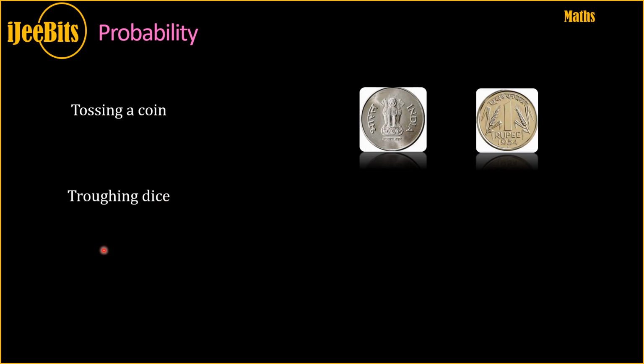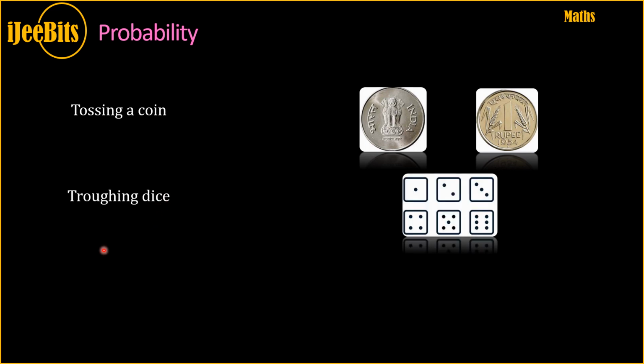Similarly, rolling a dice, throwing a dice. A dice is a kind of cube. We have six faces, and you number each facet like one, two, three, four, five, six. Now, when we roll the die, what is the number that comes up on the one facet of the cube, where you are observing?